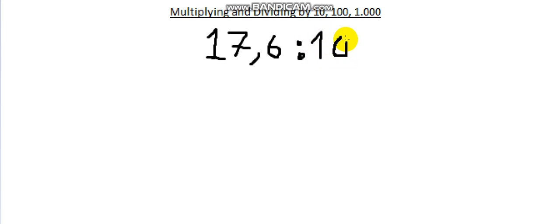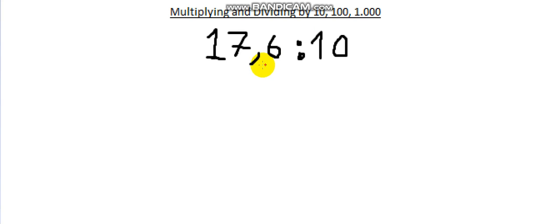So let's show division. With division, it's pretty much the same. Let's say I have 17.6 divided by 10. Let's make the first one easy.